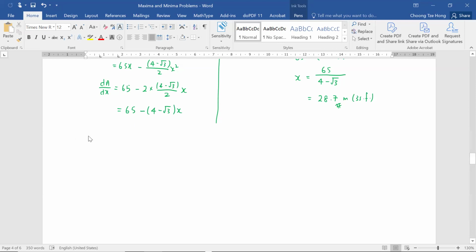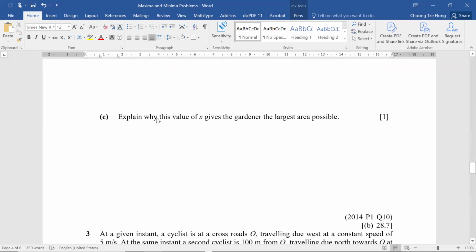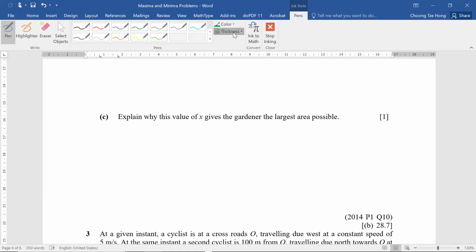So that's basically what we're going to do. Let's write down the dA/dx over here. The dA/dx that we obtained from part B was 65 minus 4 minus root 3 x, right?